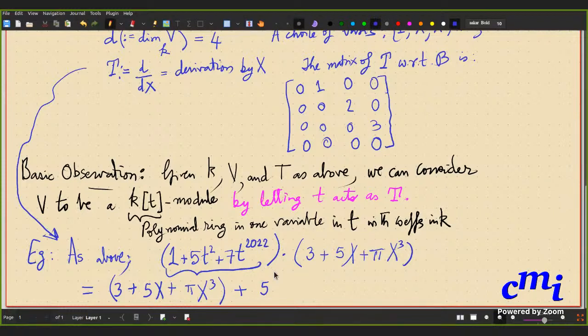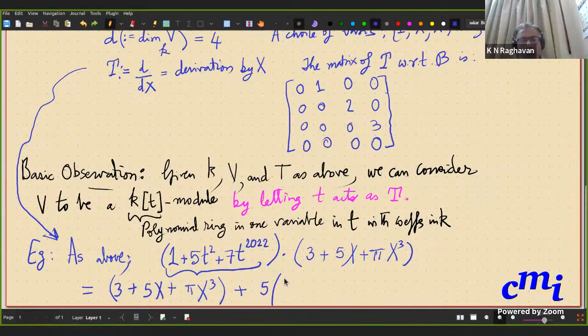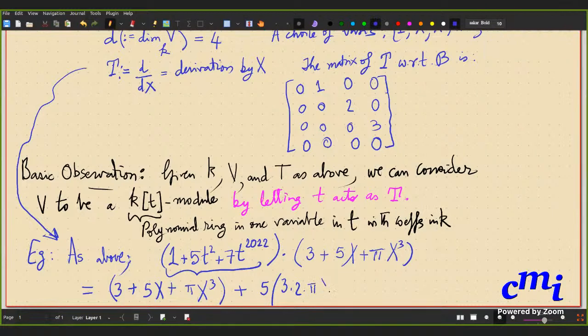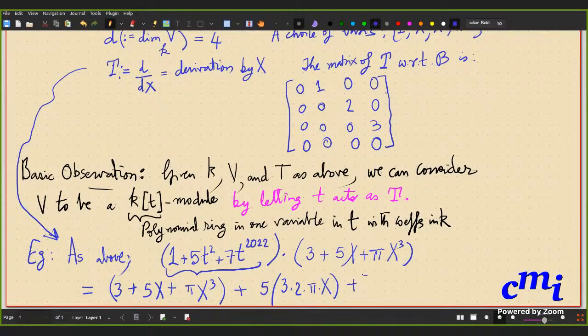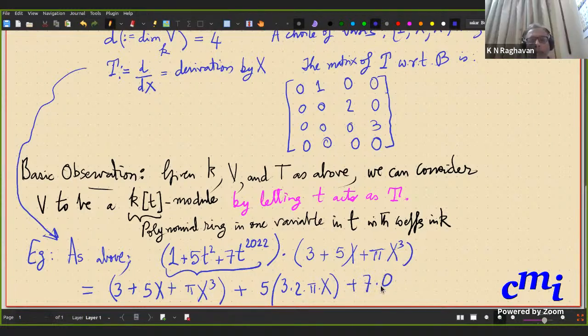I'm sorry, 6x, 6 pi x. Okay, so 3 times 2 times pi into x. Very good. Plus 7 into 0. Very good. Excellent. That's all, right?